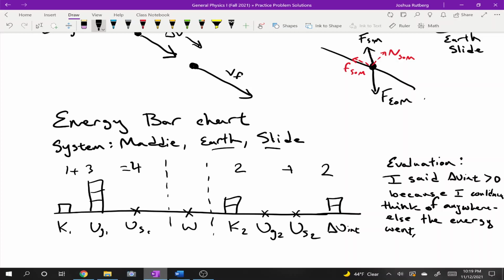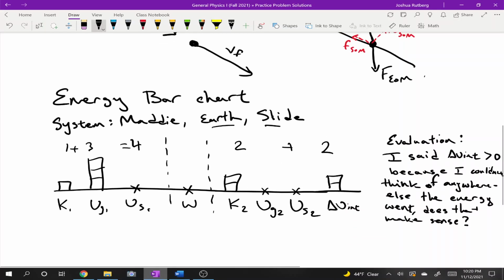But does it make sense? Why would the internal energy be increasing in this problem? Well, I know there's friction, and when things rub together, they get warm. So yes, friction increases internal energy.